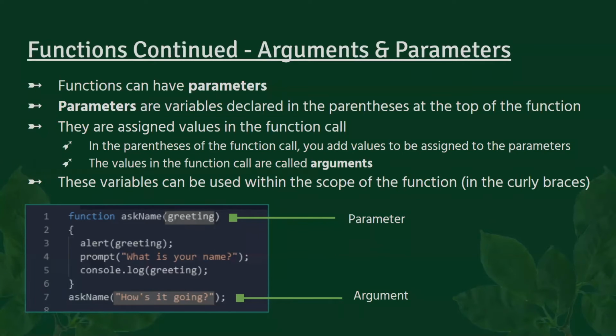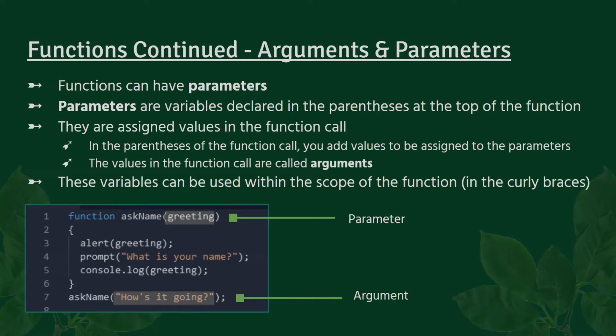I mean, it kind of is. What is being asked here? The function ask name has an input variable. The input variable is called greeting. Yes? So whenever you call the function ask name, as you're doing in line 7, you get an input variable of greeting.